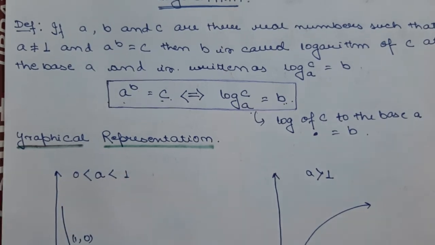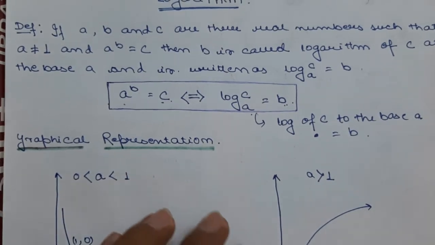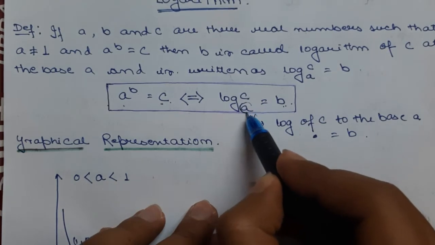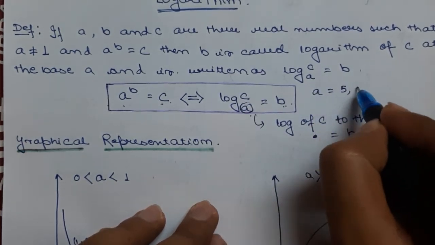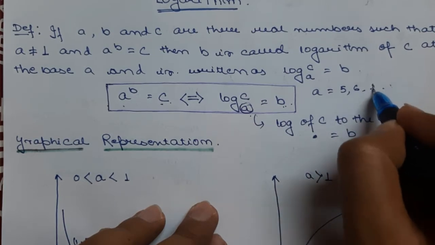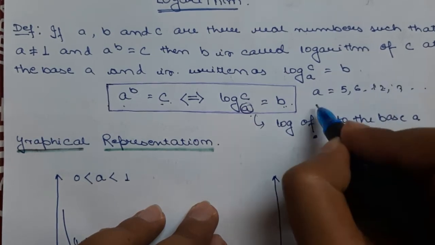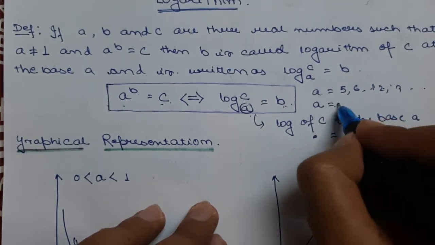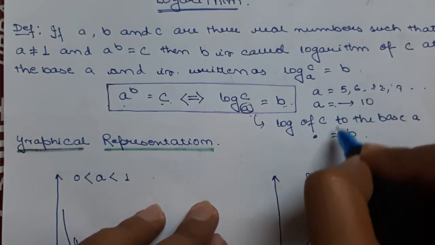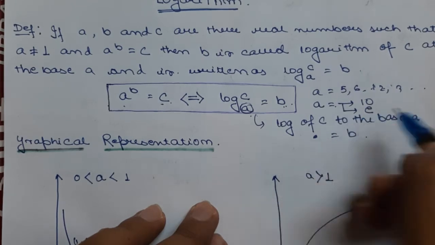Now before going further, let me tell what a is here. A can be a given value like 5, 6, 7, anything. If a is not defined, a can be of two types: the value can be 10 and the value can be e.